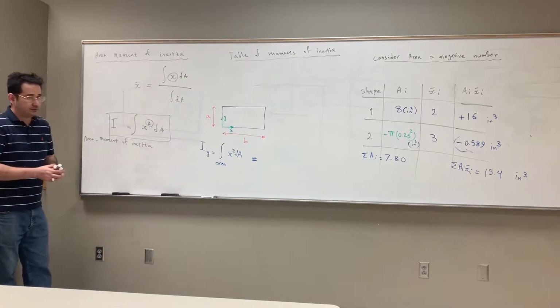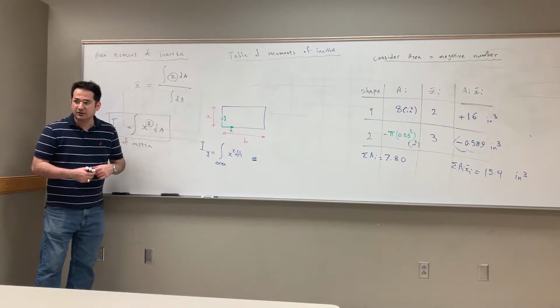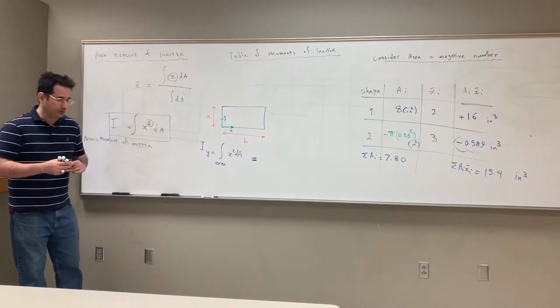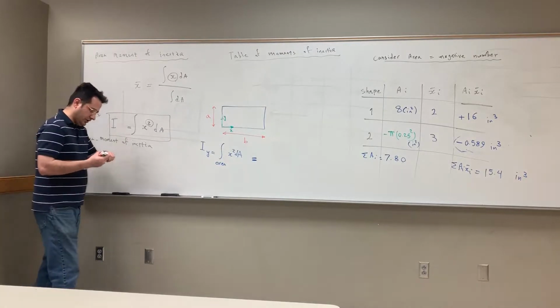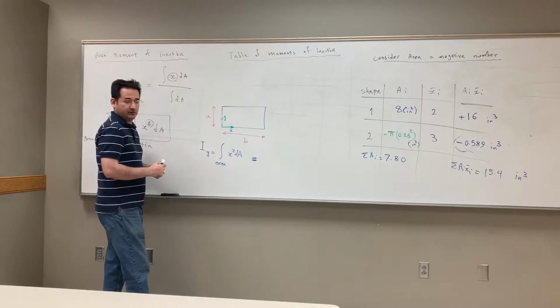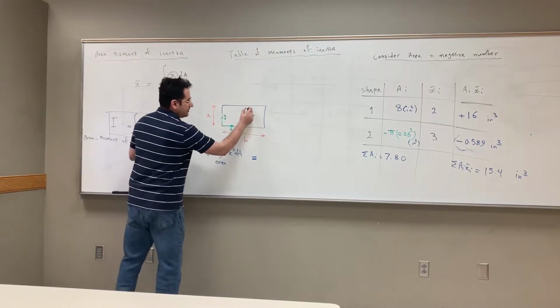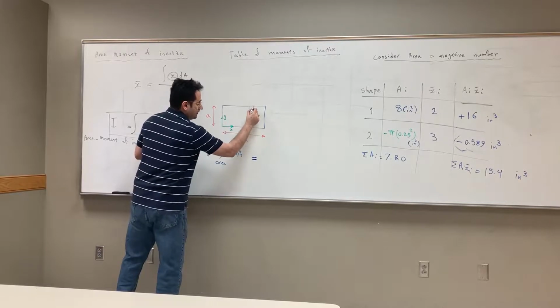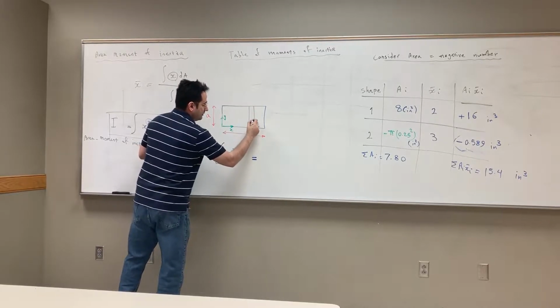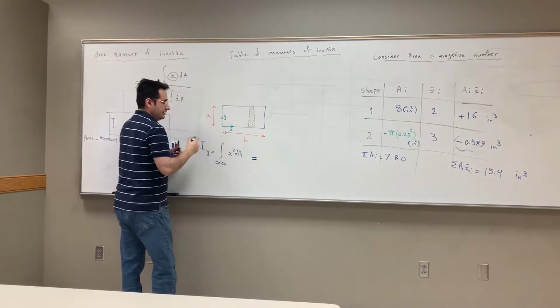Well, the first thing in order to evaluate the integral is to take the element, right? You have to find your dA. So if I take an element like that, and this is infinitesimally thin.